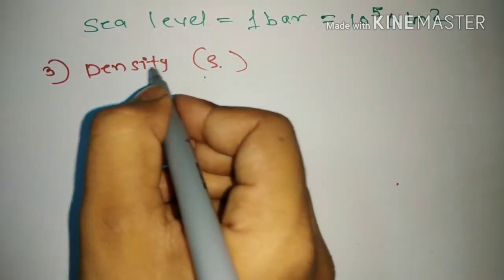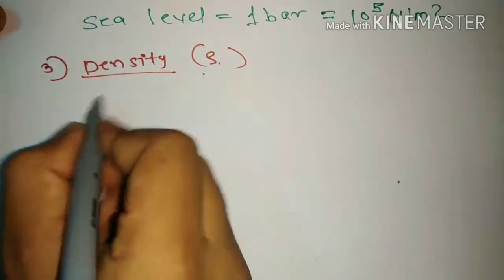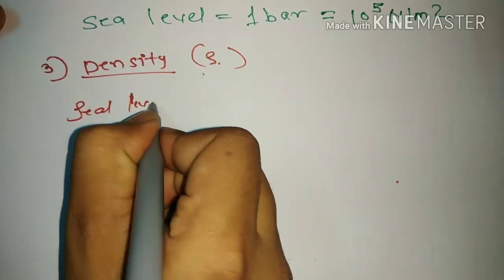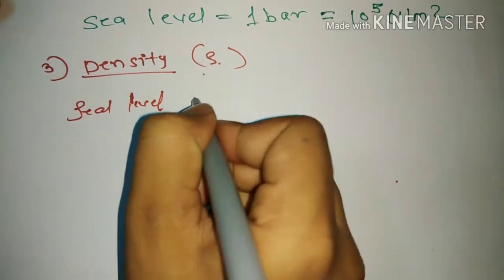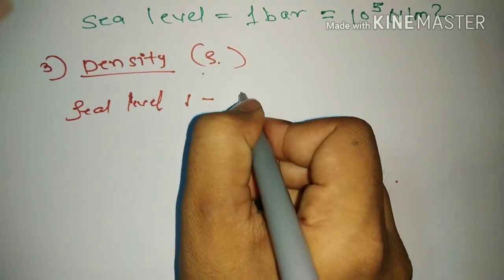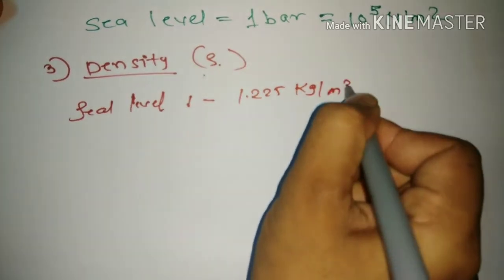The sea level standard density is 1.225 kg per meter cube.